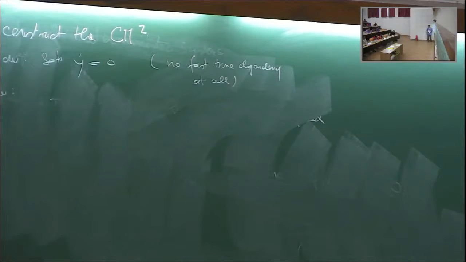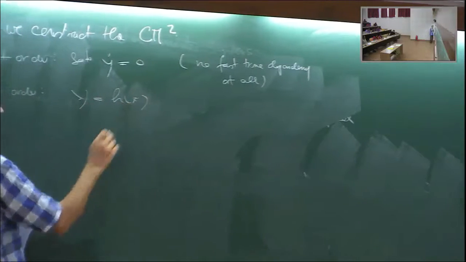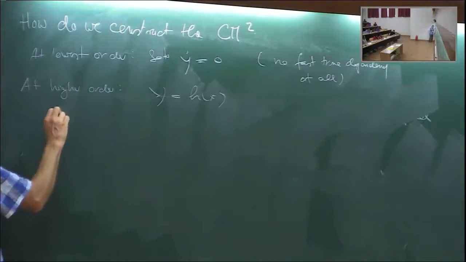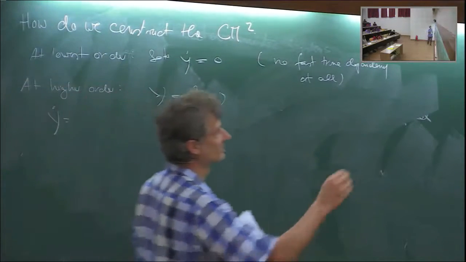But at higher order, we have been given two pieces of information. We know that y is h of x. So we know that y dot was, I have to rewrite my system.